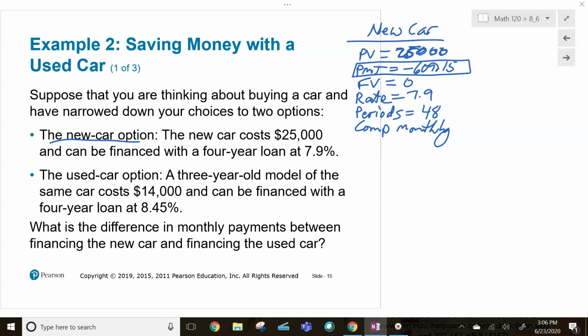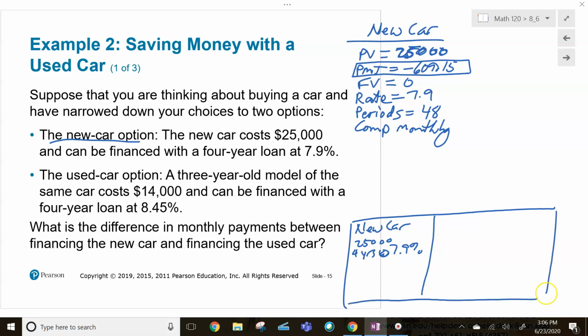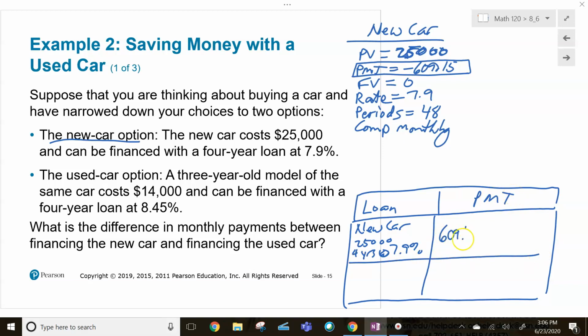Let's go ahead and make a little table here. The new car, $25,000 loan, 4 years at 7.9%. And this loan payment, 609.15.